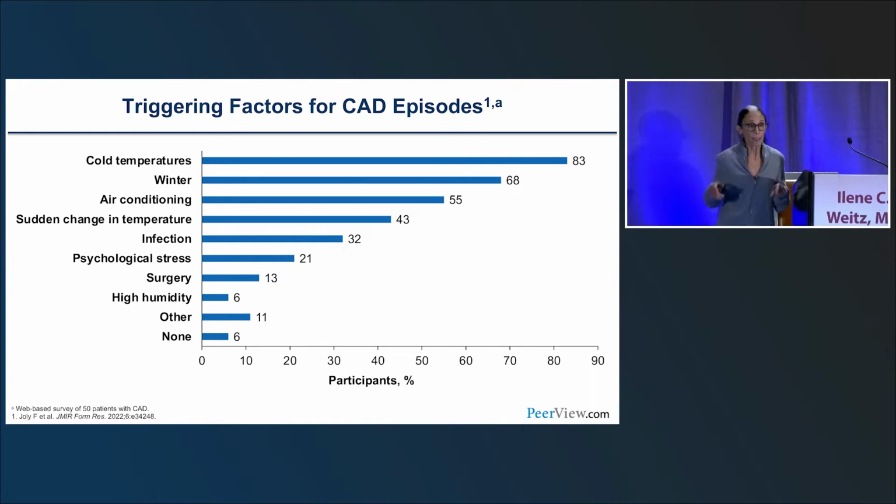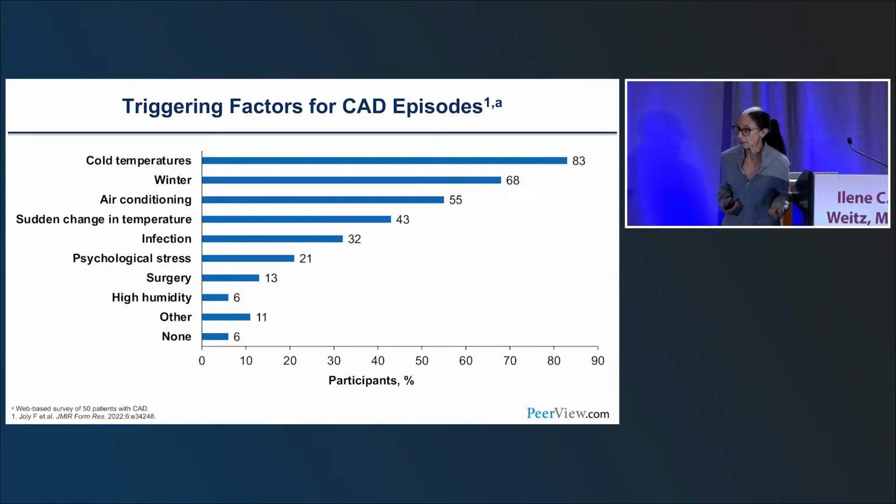We had 2 patients who presented in the last 2 weeks with exacerbations of their CAD, and that's because the local temperatures are down to below 50 in some parts of the city. So again, cold temperatures. Dr. Berenson, Dr. Ross see many more patients than I do because they live in colder climes. Wintertime, again, because of the temperature changes.